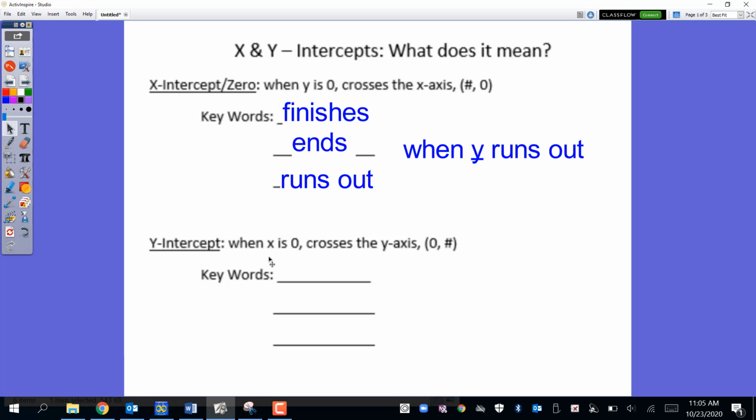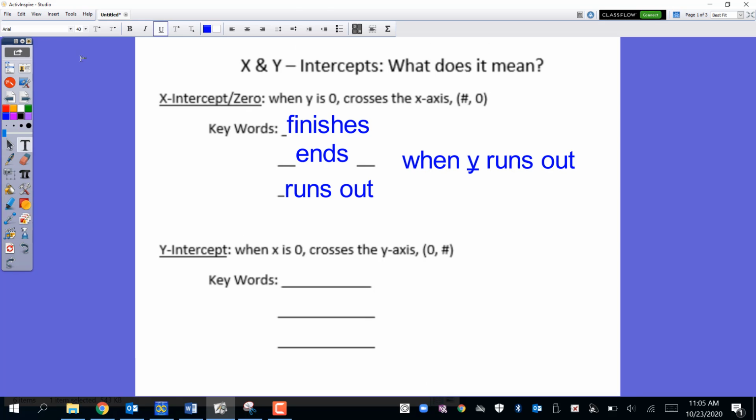The y-intercept, we know, is when x is 0, and that's when the line crosses the y-axis, and you would write it as 0 comma number. So what are our key words for the y-intercept? What does the y-intercept mean? We know that's the beginning of something. So we're going to put begins, or starts.